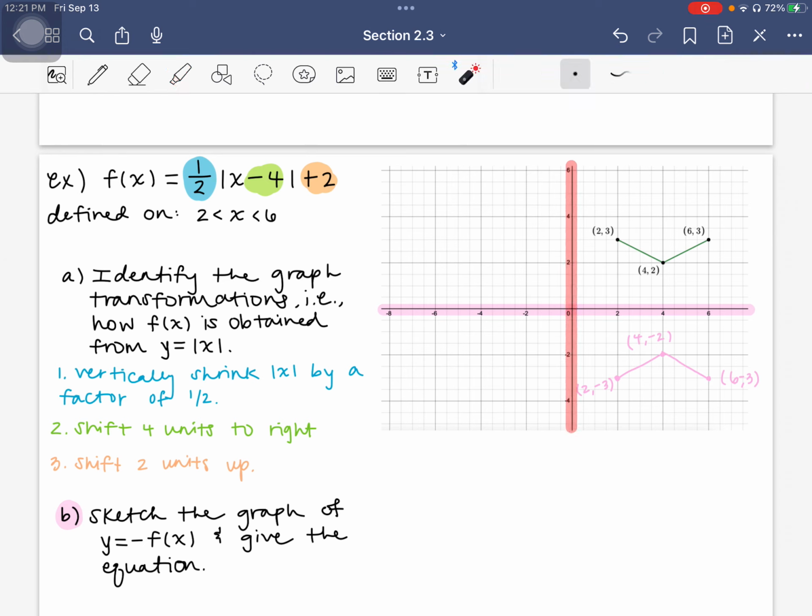And we know that when we reflect across our y-axis, our x values are going to change sign, but our y values are not. So this point here, 4, 2, is going to become minus 4, 2. And then this point here, 2, 3, is going to become minus 2, 3.